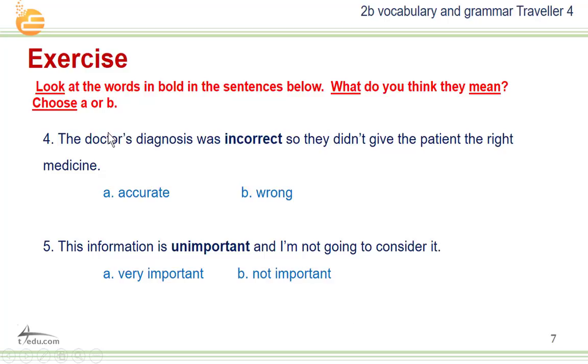The doctor's diagnosis was incorrect, so they didn't give the patient the right medicine. Incorrect. Does it mean accurate or wrong? Wrong. Excellent. The information is unimportant and I'm not going to consider it. Is it very important or not important? Unimportant. What does it mean? Not important. Good answer.